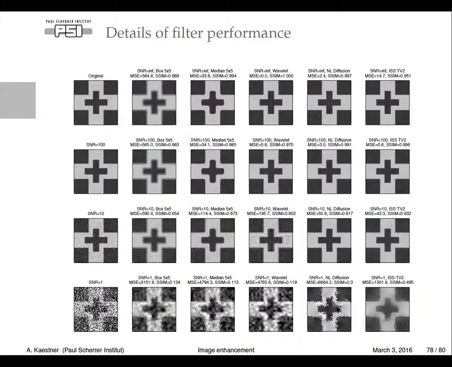And it's first when you come to the nonlinear diffusion or the ISS filter that you have really good smoothing with sharp regions. You can see this crispiness around the edges, and that's an effect of my not choosing the best version of the diffusion filter here. Since we have no diffusivity along the edges, there is no filter effect, and that is exactly what we see here. And there are versions of the diffusion filters that also smooth along the edges, but I didn't use that here.